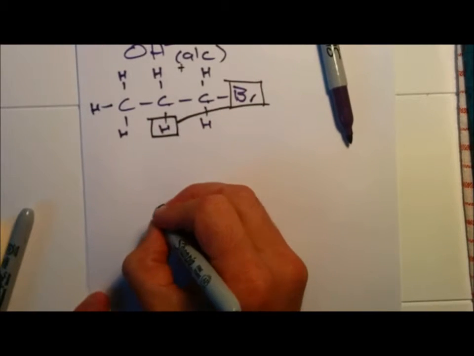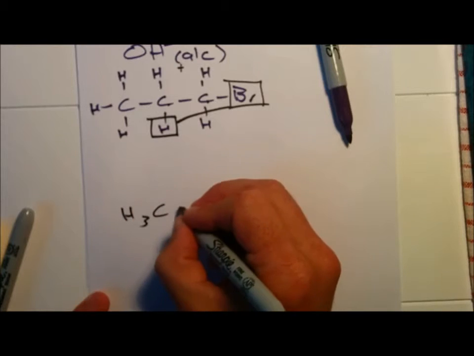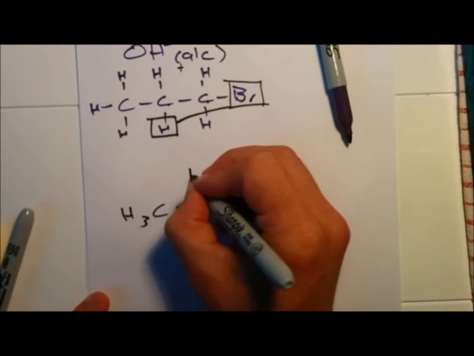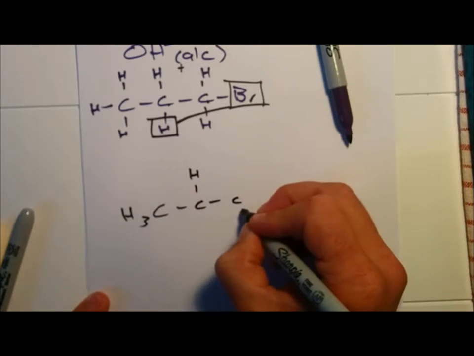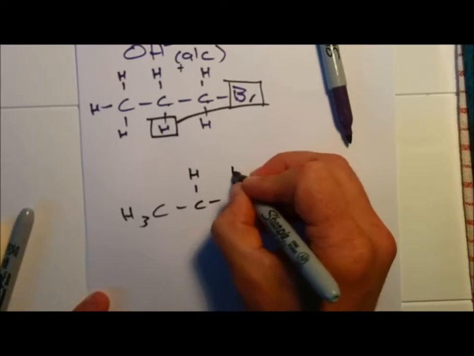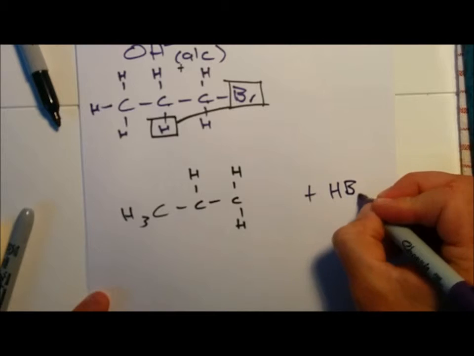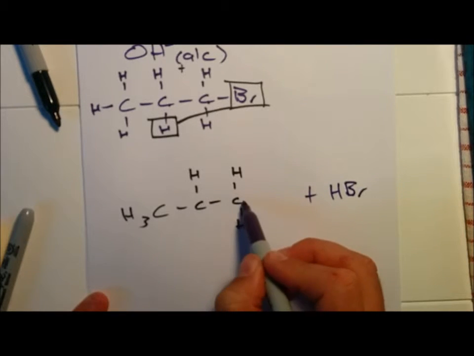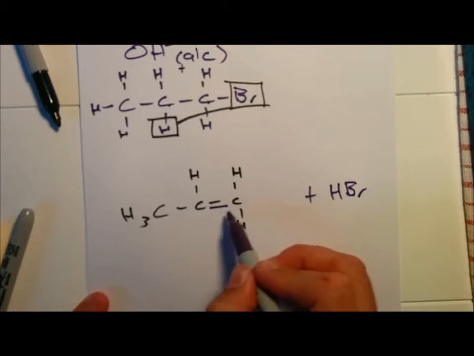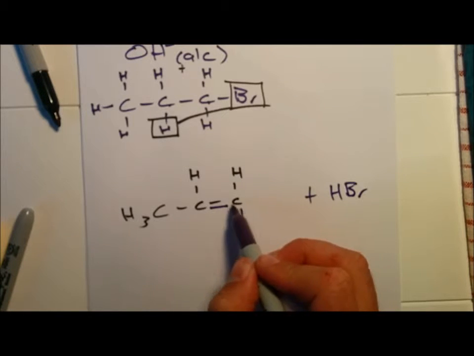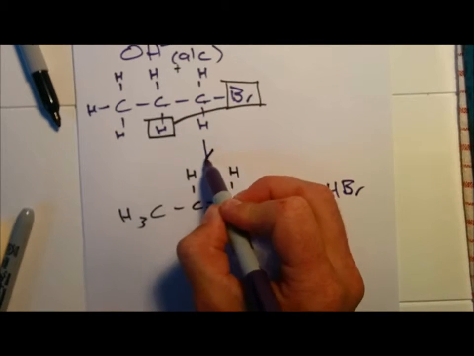So my product would look like something like that. We have a side product of HBr, and then we have 2 spare bonds here, which we can't have because it's very unstable, so we end up with an alkene.